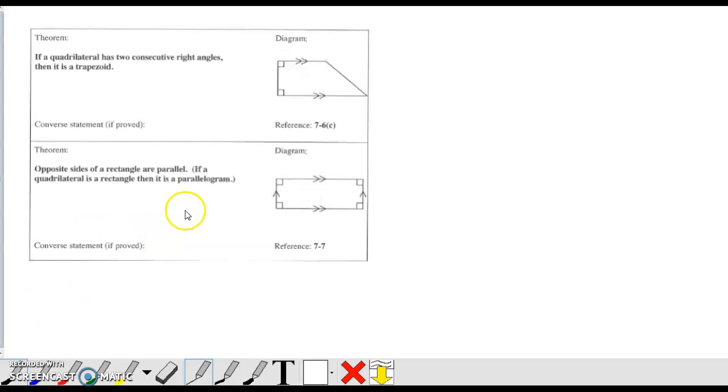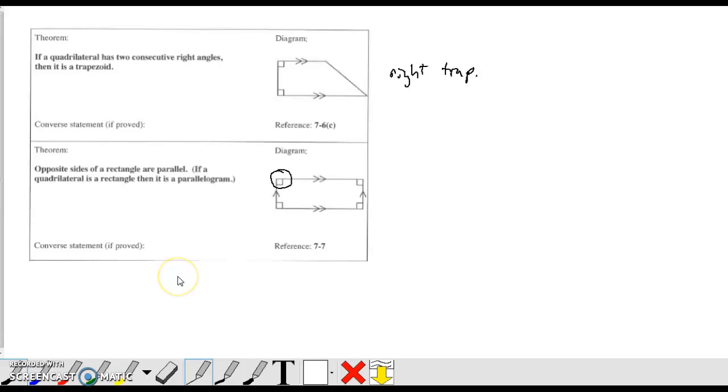And then last but not least, the quadrilateral has two right angles, making it a trapezoid for sure. This is also specifically known as a right trap. Okay, and then the opposite sides of a rectangle are parallel. And then if a quadrilateral is a rectangle, then it is also a parallelogram, right? The opposite is not true. If a quadrilateral is a parallelogram, it doesn't mean it's a rectangle. Rectangle means that you have to have those 90-degree angles.